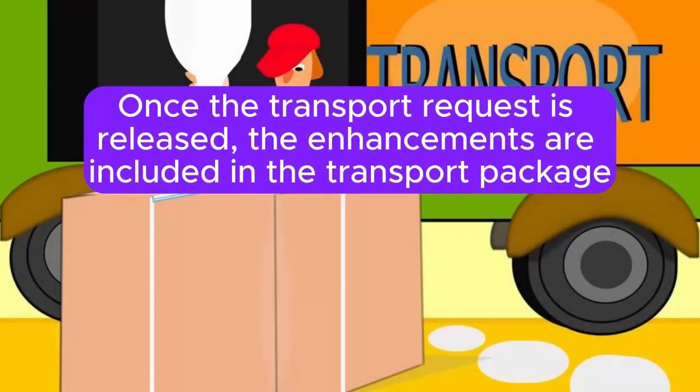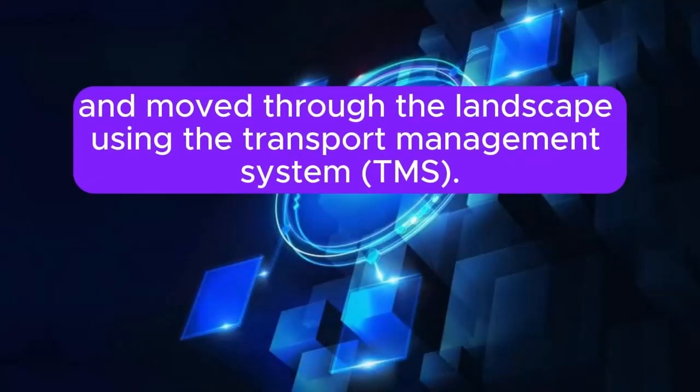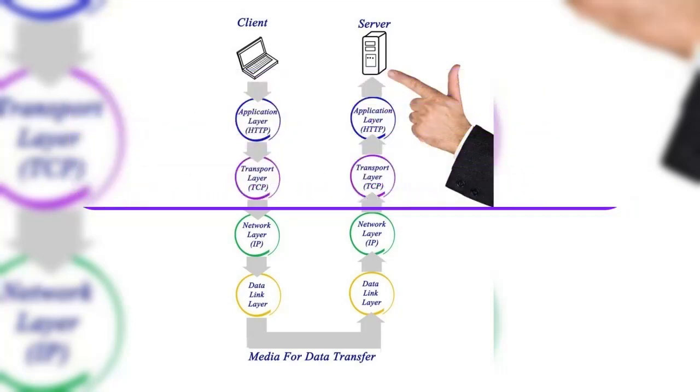Once the transport request is released, the enhancements are included in the transport package and move through the landscape using the Transport Management System (TMS). In the target system, the transport request is imported, and the enhancements are deployed to the appropriate environment.